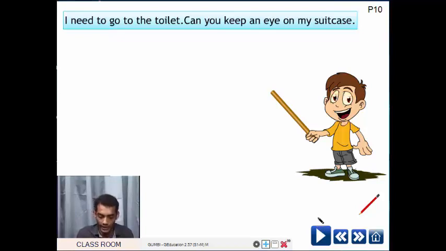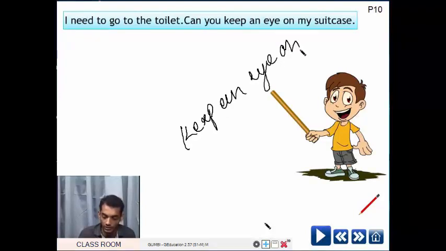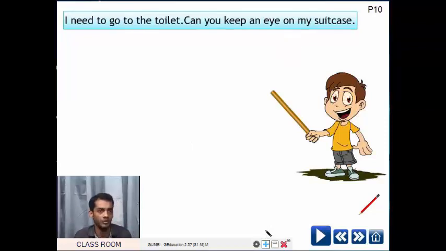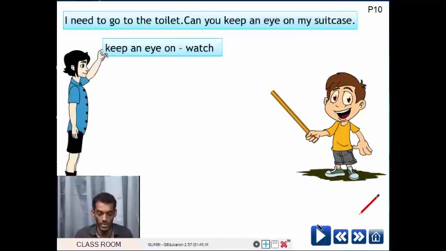Look at the idiom keep an eye on. What does it mean? It means watch. Keep an eye on means watch. Understood? Good.